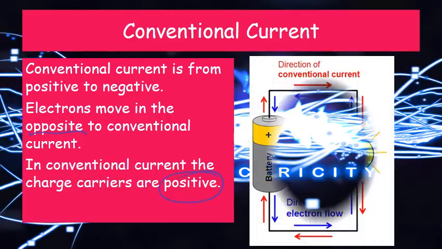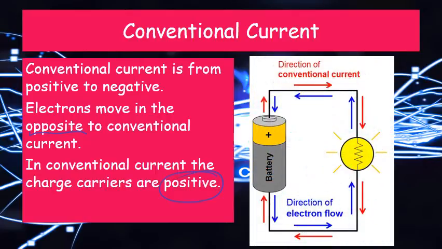So here we have this diagram, so you have the direction of conventional current going from positive to negative, whereas in reality the electrons, which are the charge carriers, go in the opposite direction of our conventional current. Unfortunately, it's our convention. We've had it from the 1850s, so you just have to be aware of that.